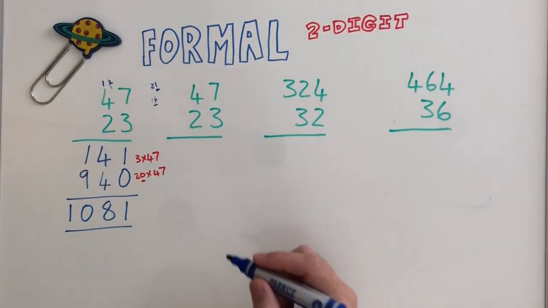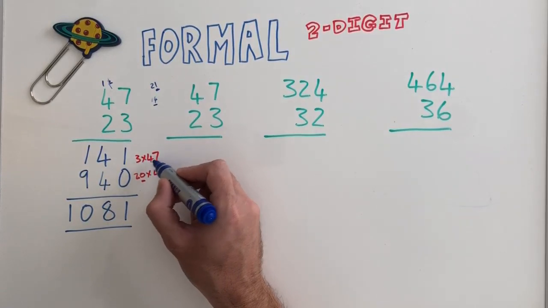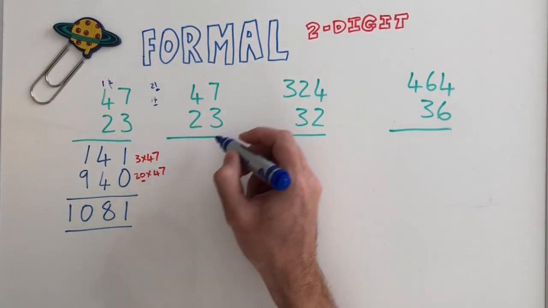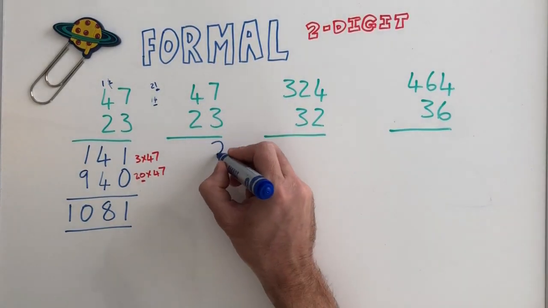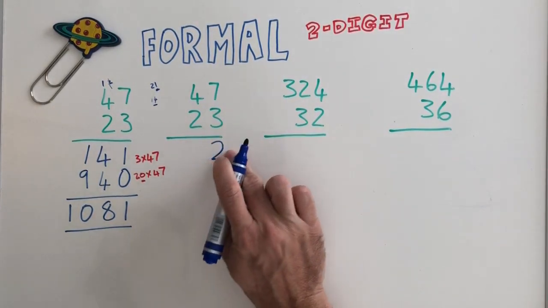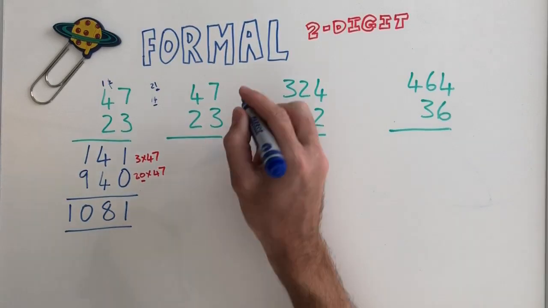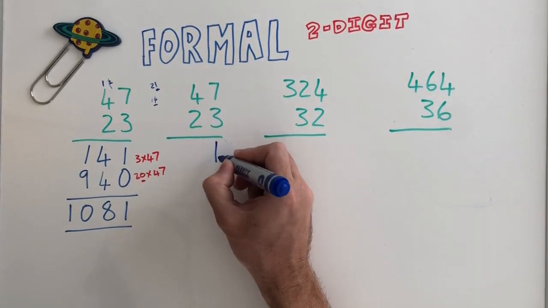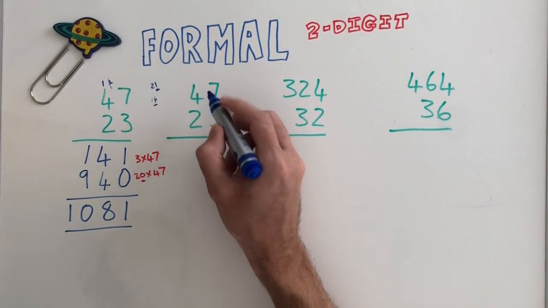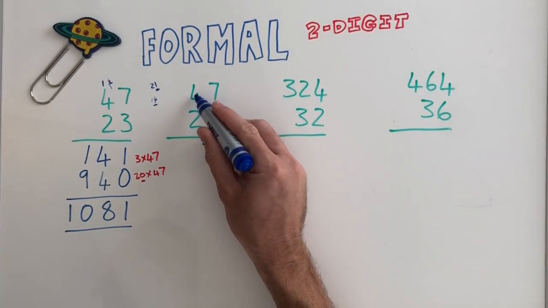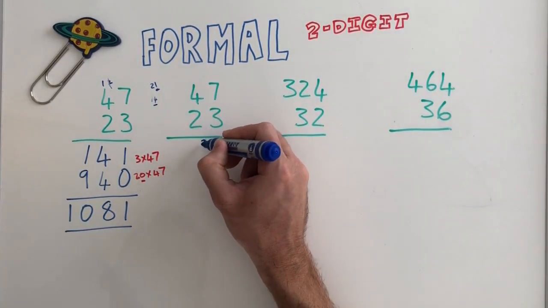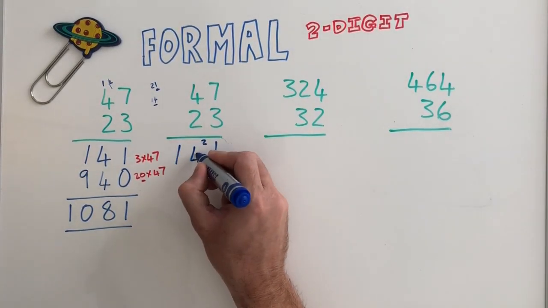The other way is, obviously we're doing this again. We're doing 3 times 47, so I'll say it's 21, but the 1 comes here, and instead of writing the 2 there, I'll write it here. And now I know 3 times 4 is 12, and then I add those 2, and then I have 14.